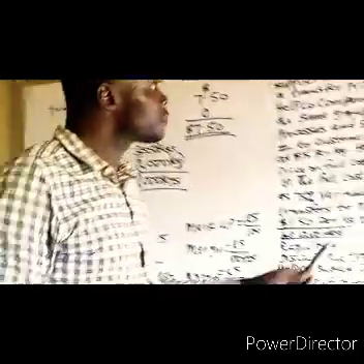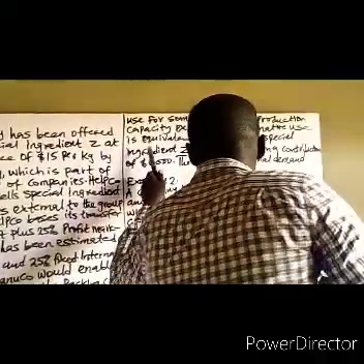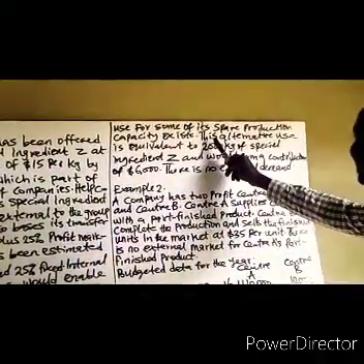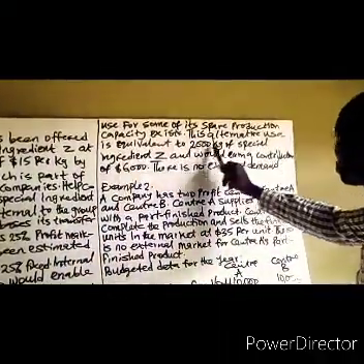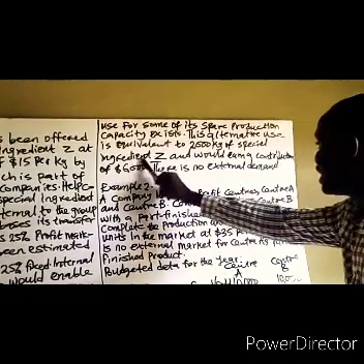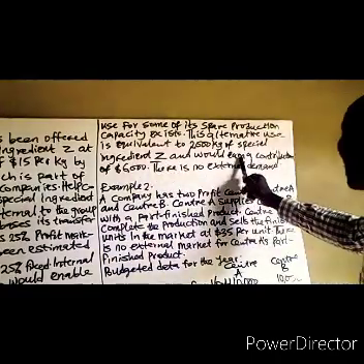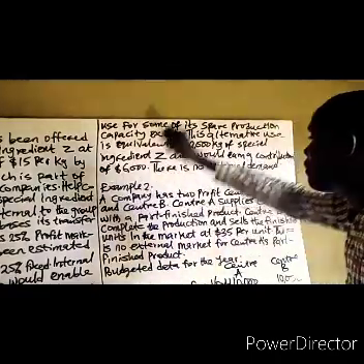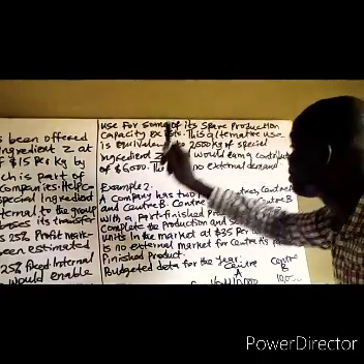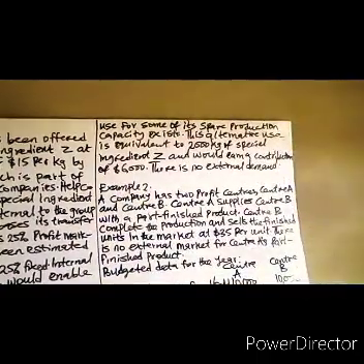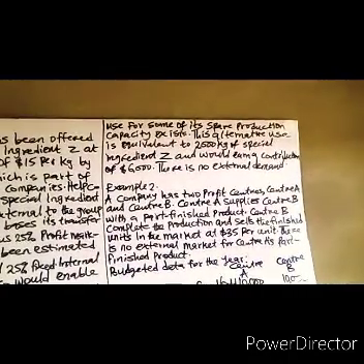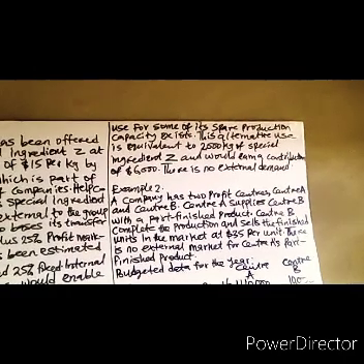Let's go back to the question. This alternative use is equivalent to 2,000 kgs of special ingredient Z, and will earn a contribution of $6,000. There is no external demand. So this alternative use will fetch you contribution.